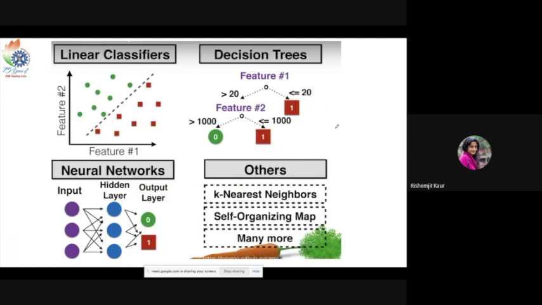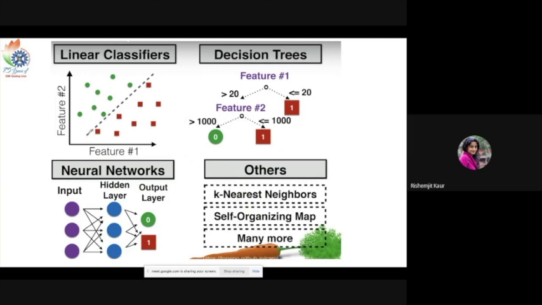And in general, there are many different types of algorithms: linear classifiers, decision trees, neural networks, then k-nearest neighbors. Today we will definitely go deeper into linear regression maybe, but we will not have time to go into the different types of algorithms. So this is just to give you a glimpse of some of the other algorithms which exist out there.